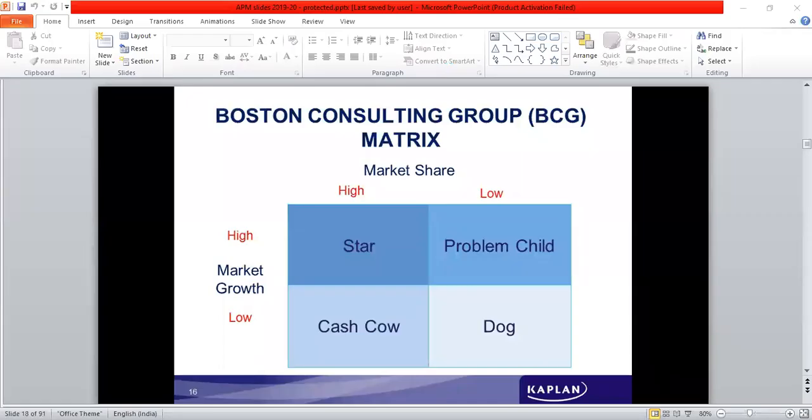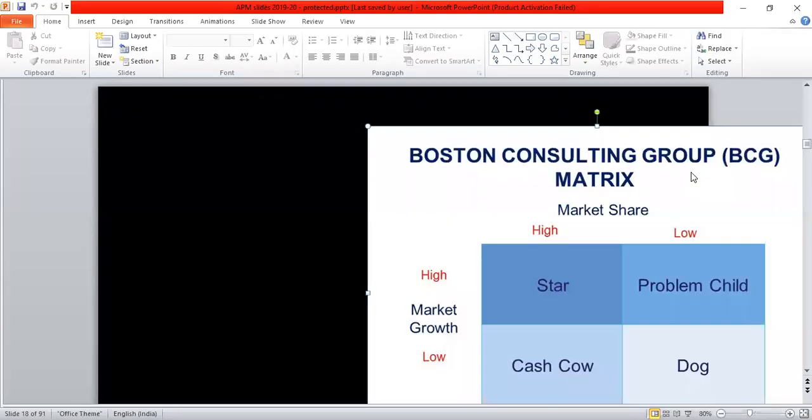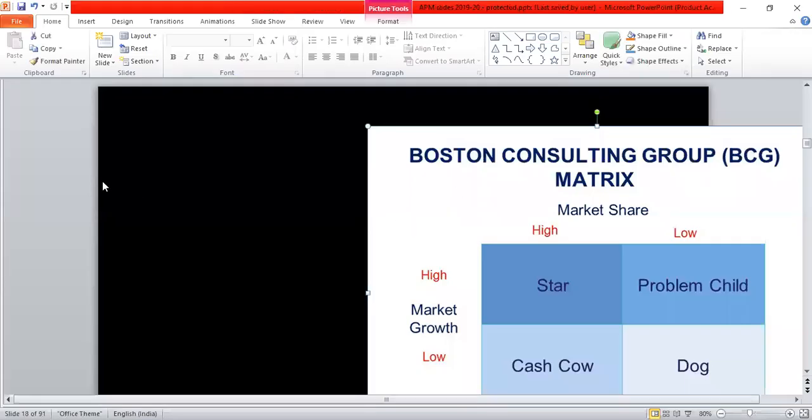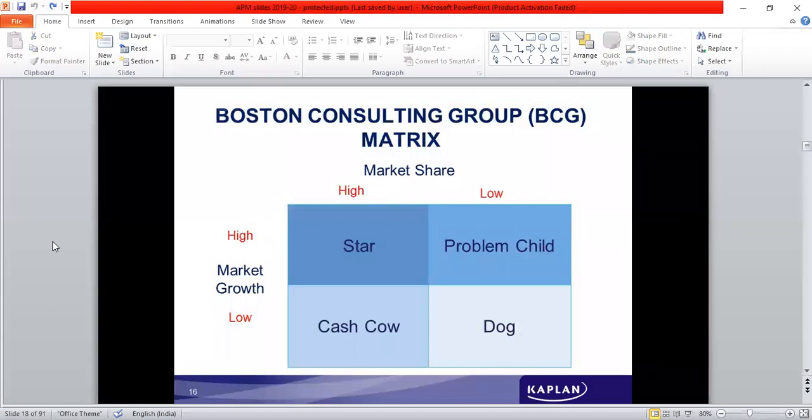The next topic in the syllabus is the Boston Consulting Group BCG matrix. To measure the performance of an organization, there are two variables taken to measure the performance and categorize the organization.